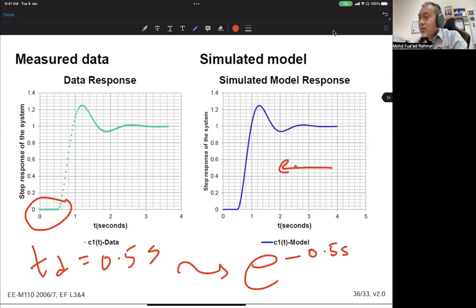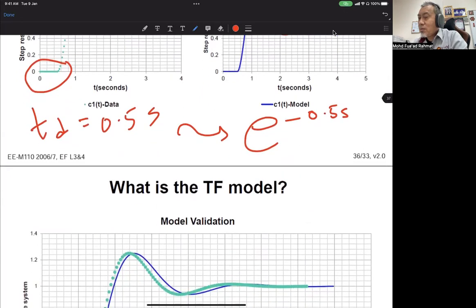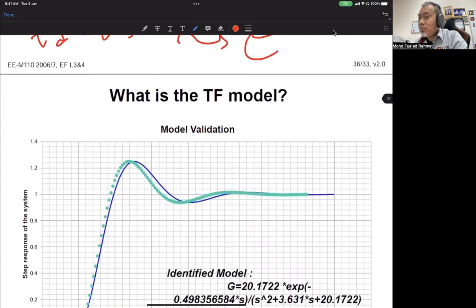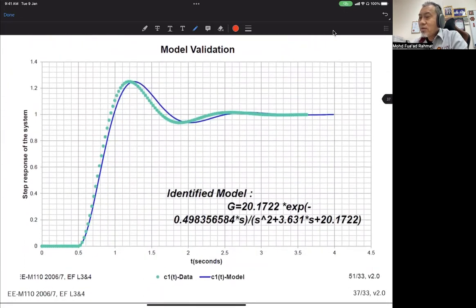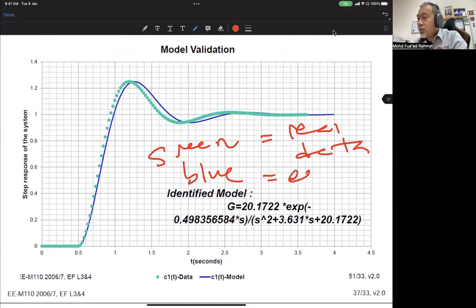This is how the student estimated. They estimate, then they superimpose the graph. The green line is the real data, and the blue line is the estimated model.